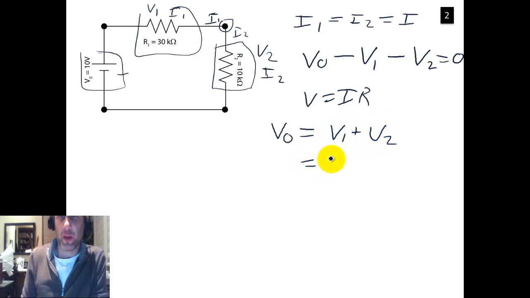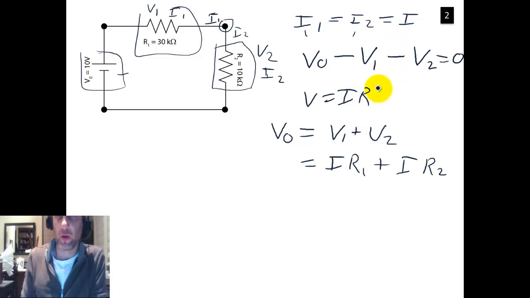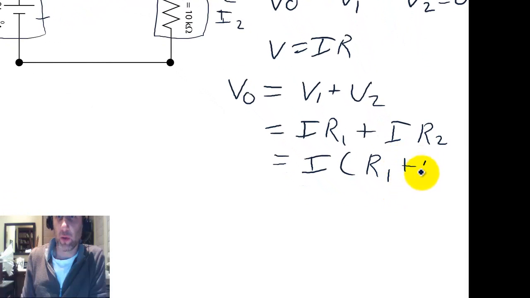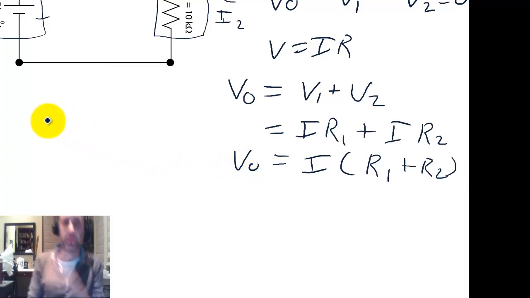Using Ohm's law, that's IR1 plus IR2. Remember, because these two currents are the same, we can take that current outside of the parentheses and say I times R1 plus R2 equals V naught.